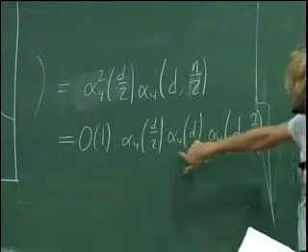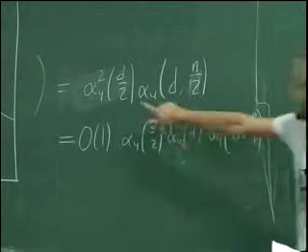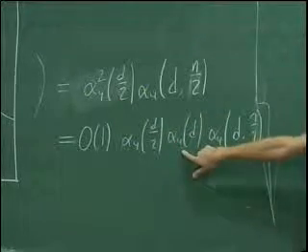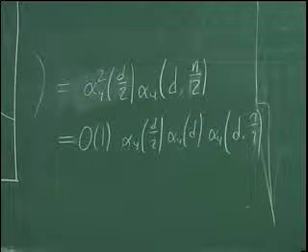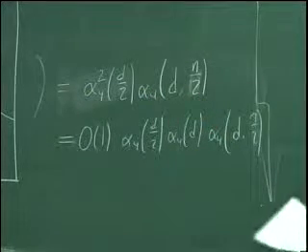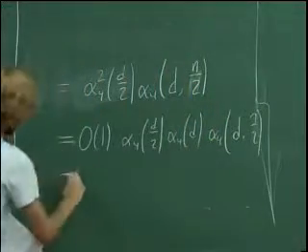I mean, this is really trivial because I've only replaced this thing by something that's bigger. Indeed, they will be the same up to constant, but let's not worry about that. So far I really have a trivial inequality.